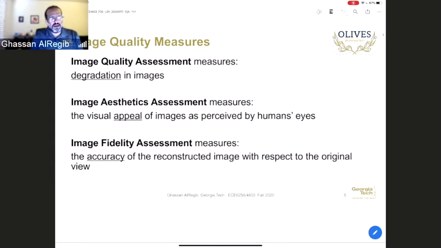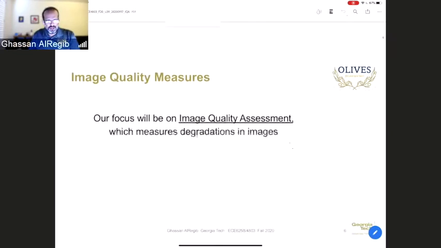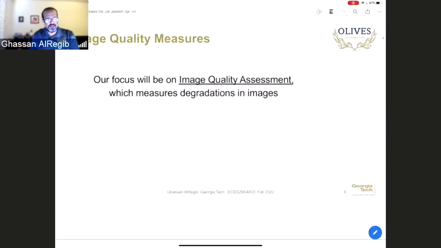And then finally, we have image fidelity assessment, which has to do with the accuracy in reconstructing an image with respect to some original view. This can be more related to multi-view, stereo cameras, and so on. We will not spend time on that one. So the focus will be on the image quality assessment measures throughout the lecture today and next week.